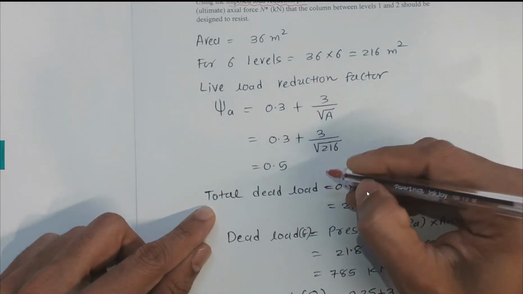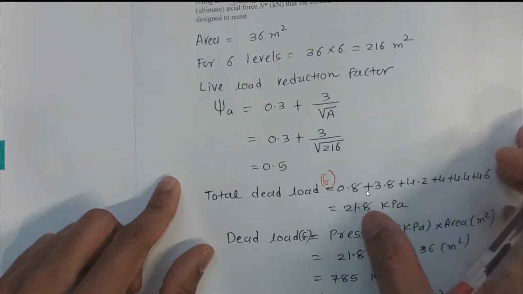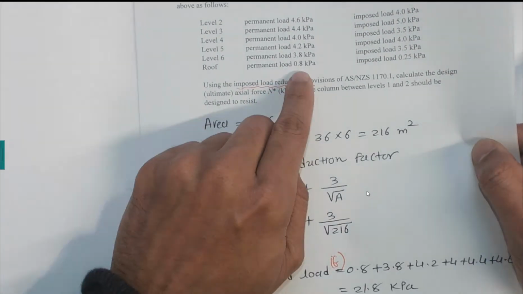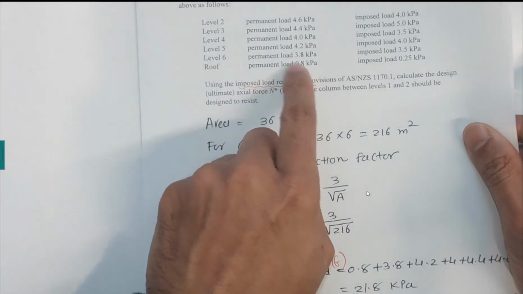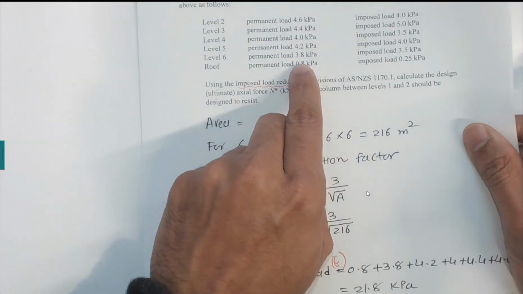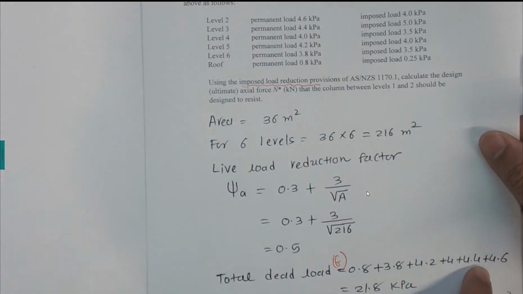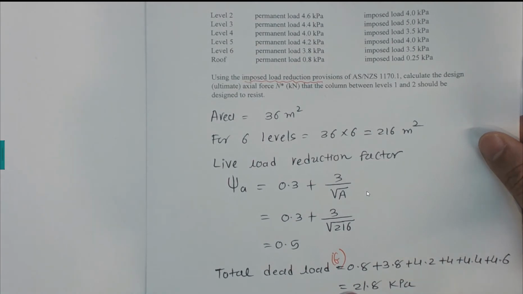Now we need to calculate the total dead load. Dead load is represented by G. I have a dead load given for each floor. For example, we have 0.8 for the roof, 3.8 for level 6, 4.2 for level 4, and we are just adding up all these dead loads. So dead load is 21.8 kilopascals.